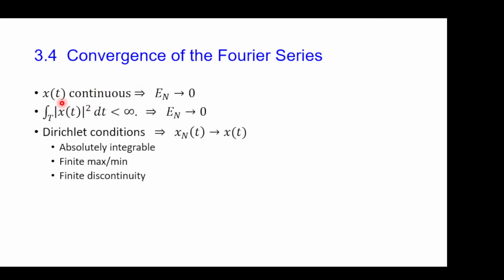We state without proof: if x of t is continuous, then E_n goes to 0, and if x has finite energy, E_n goes to 0. Also, if you have the Dirichlet conditions, then E_n also goes to 0. And you have an even stronger convergence, where for every fixed t, x_n goes to x of t, although you have the Gibbs phenomenon. Any question? We don't have any proof.